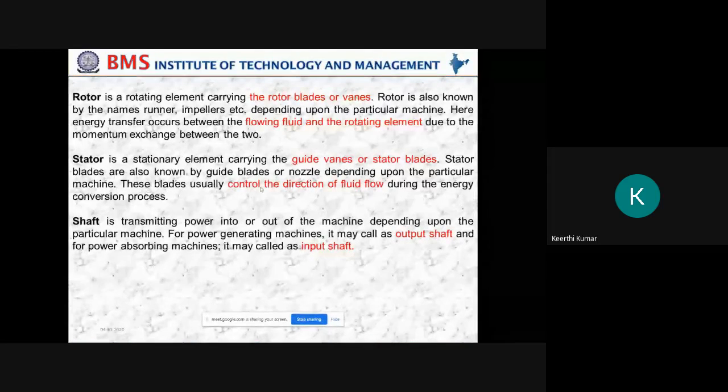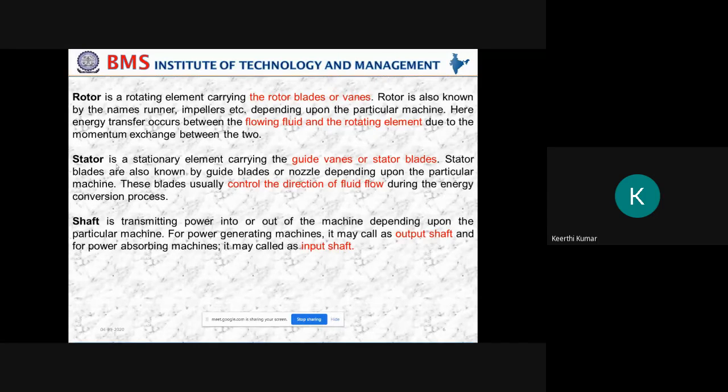These blades usually control the direction of the fluid flow during the energy conversion process. What is the function of the guide stator blades? Just to control or direct the fluid flow. It shows the path for the fluid where to flow. But this is not a mandatory part. Remember, the stator or a casing is not a mandatory part.